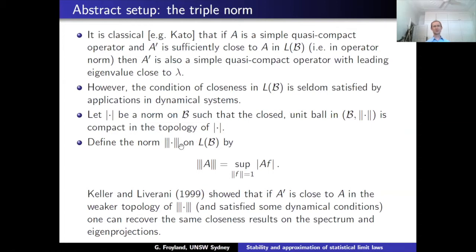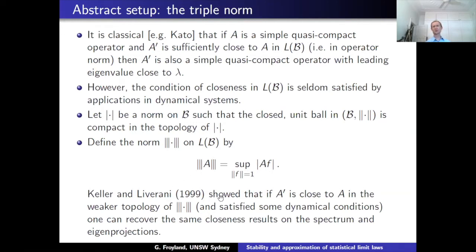Then we define a third norm, the triple bar, which I'll call the triple norm, defined as you see here. You take the supremum over functions in your strong unit ball, but you evaluate the effect just in the weak norm. This is weaker than the operator norm, which would be the double bar here, so you've weakened the operator norm to something else.